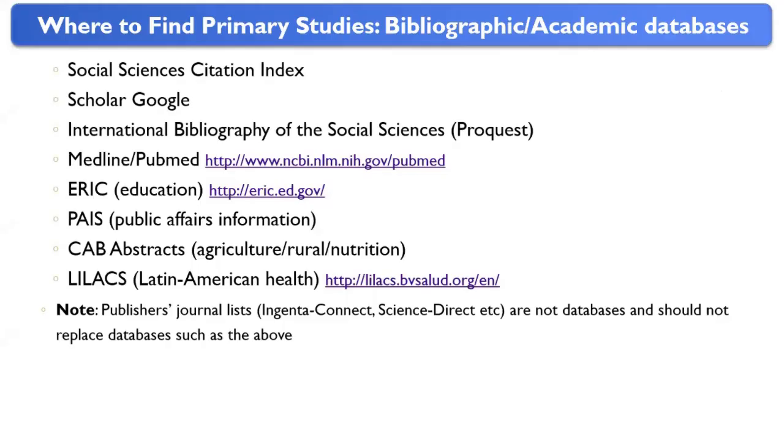So where do you get the material from, or what are the sources? Basically, we all know different databases, including the databases where we get our material: International Bibliography of Social Science, Google Scholar, Social Science Citation Index, Medline, ERIC.